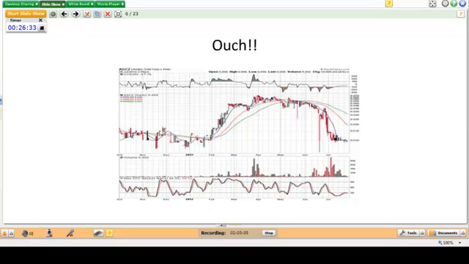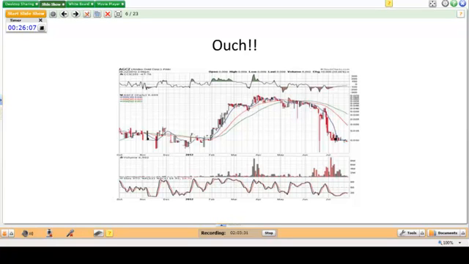And some folks who waited till after the stock closed below this support level right here would have been really awakened to a big drop in the price here in June, and would have lost quite a bit on this trade.